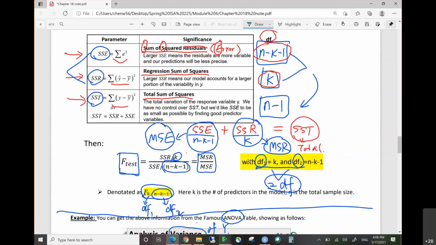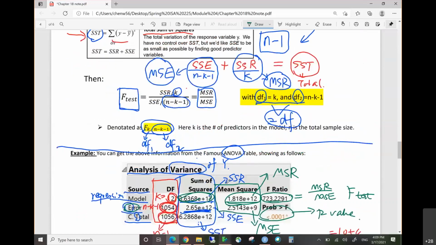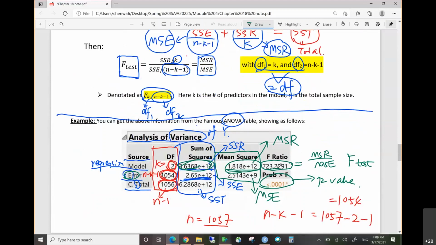We get the F test statistic with these two degrees of freedom. And once we have this F test statistic, we have the corresponding p-value, and then we can use this p-value to determine whether this overall multiple regression is meaningful or not. If this regression is meaningful, then you can continue to test other things. If your multiple regression is not meaningful, then you can just stop here. You don't need to do anything else. Right, got the idea? All right, okay, that will be all for today.